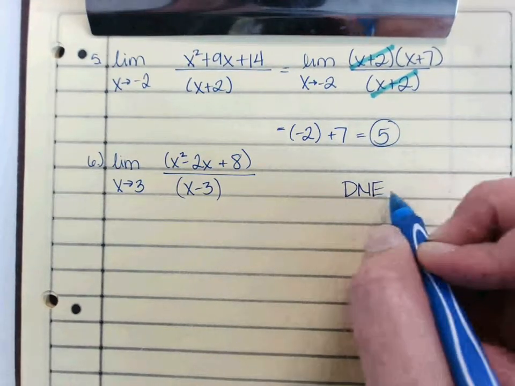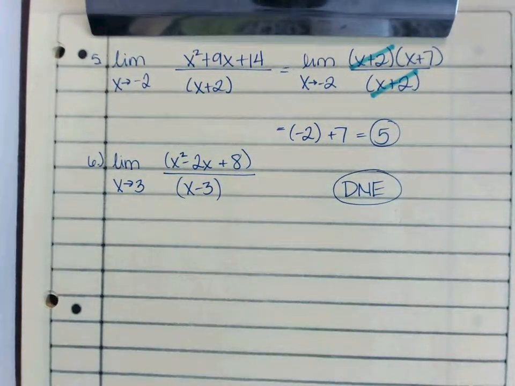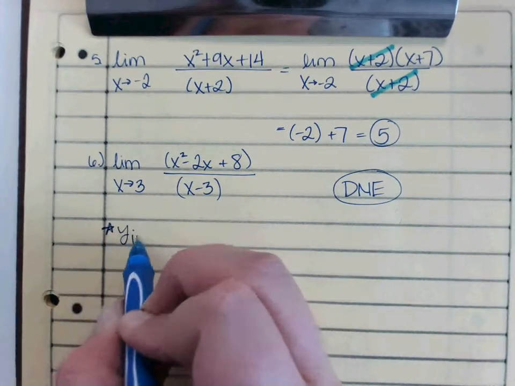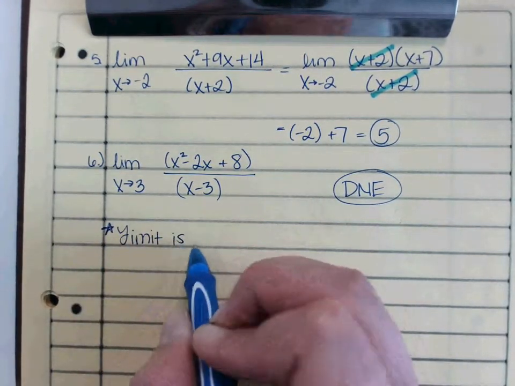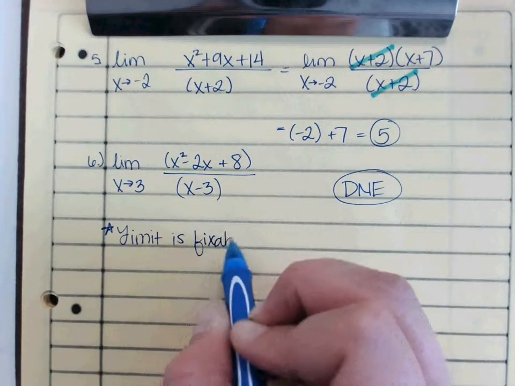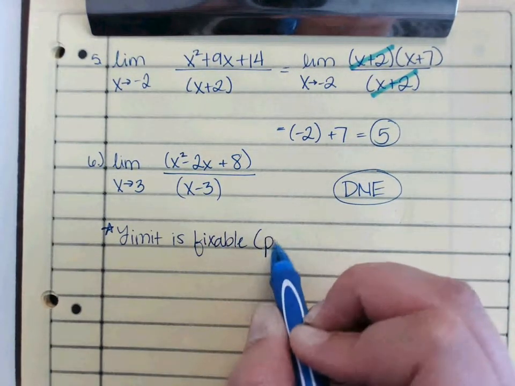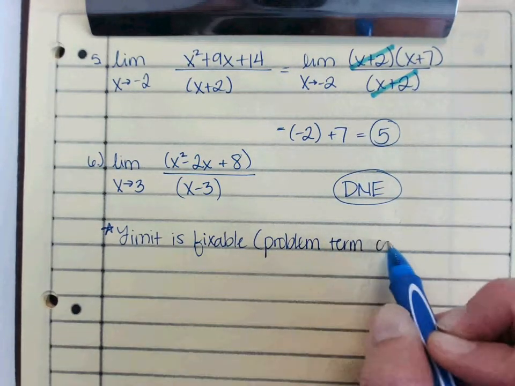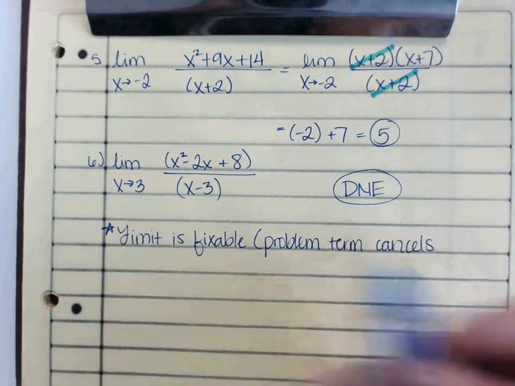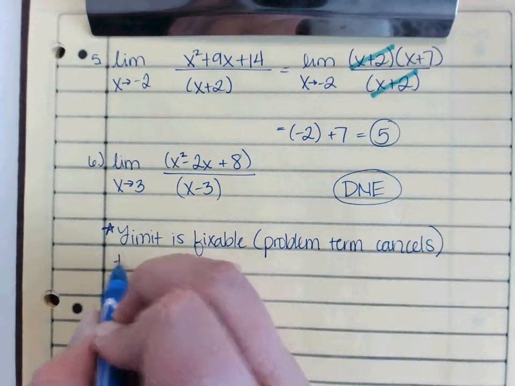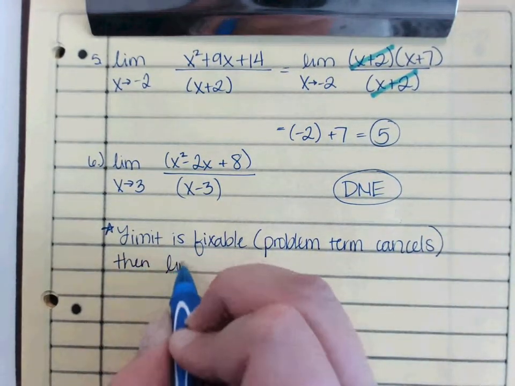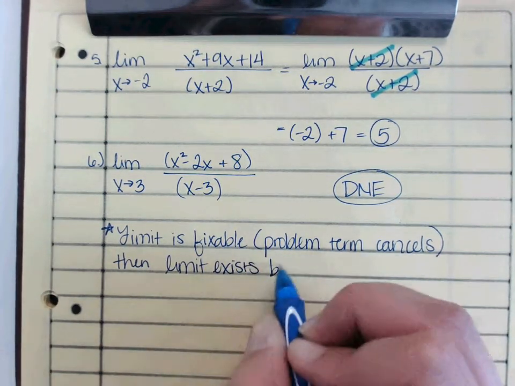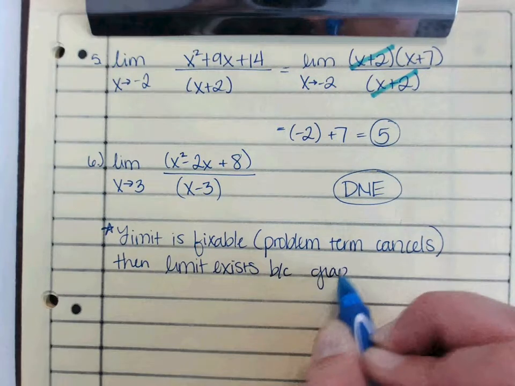Okay, now we're going to make a little note about the difference. If a limit is fixable, meaning that the problem term cancels, then the limit exists because the graph has a hole.